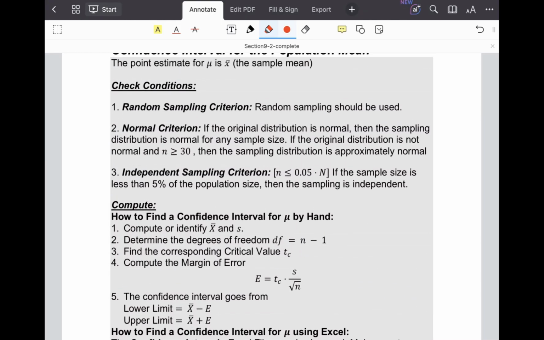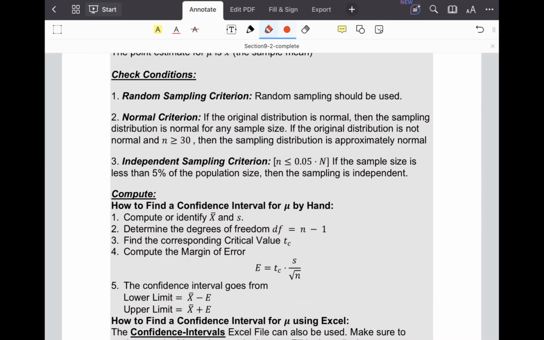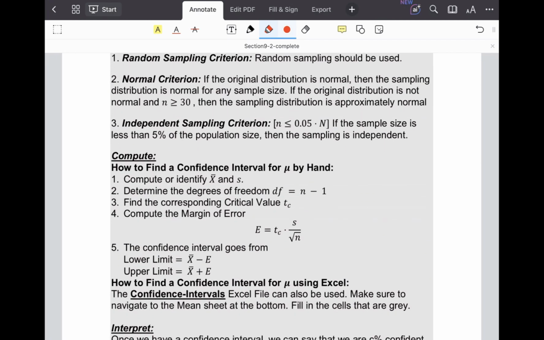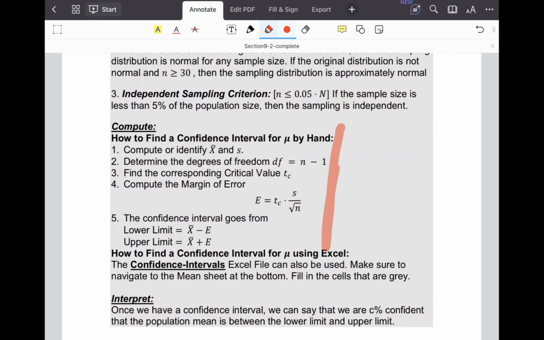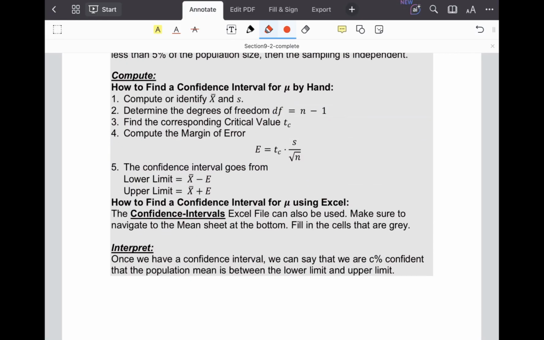I doubt that you'll have to do it by hand. Lots of stats teachers have been moving away from doing things by hand and really having students learn the technology, because that's what you're going to be doing out in the real world. If you start doing a standard deviation by hand at your workplace, your boss is going to be upset because you're just wasting time. You should use technology. But it's here if you ever have to use it.